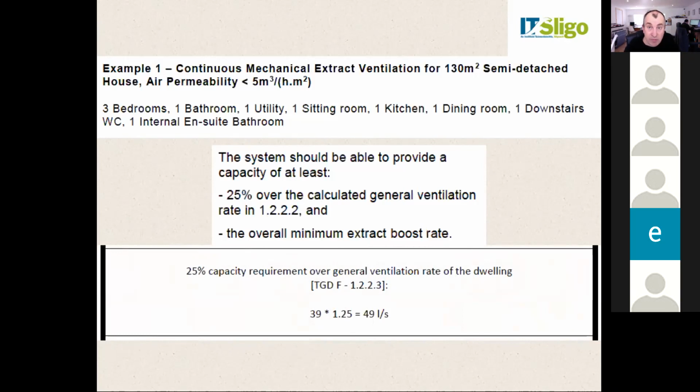Let me stop the share for a moment. There's the thing that we first of all worked out. Then we worked out the extract from wet rooms, i.e. kitchens and utilities and anything that's generating heat in effect.